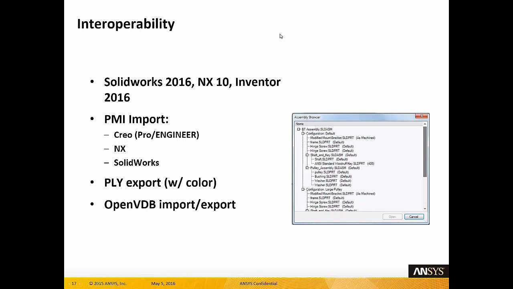Now, as I've said at pretty much every release of SpaceClaim ever, we're always trying to make it possible to bring more data into and out of SpaceClaim and to bring it in a higher quality method. Some cool things that we've done at this release is obviously we've updated to some of the latest formats. Second, we've allowed you now for SOLIDWORKS, NX, and Creo to bring in PMI, part manufacturing information, dimensions, and tolerancing.